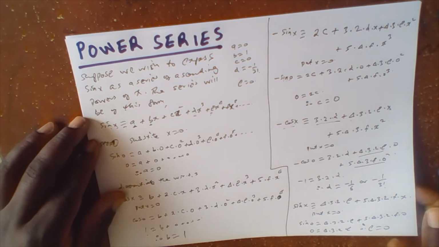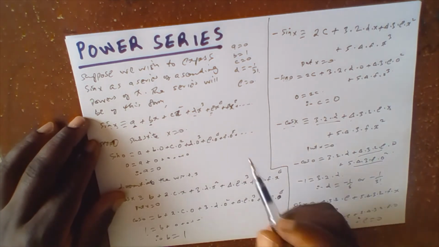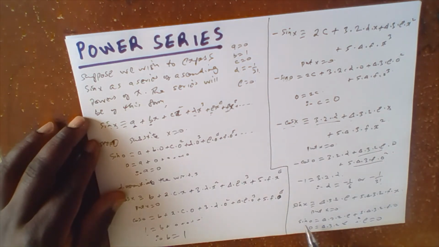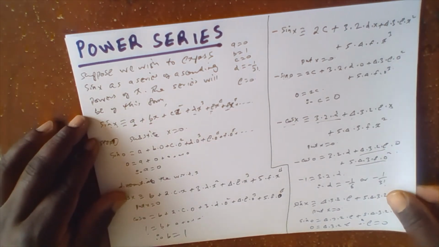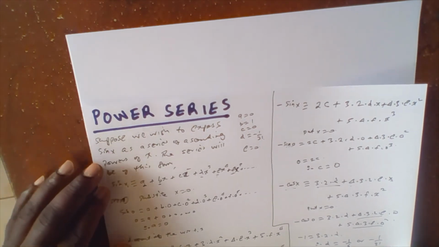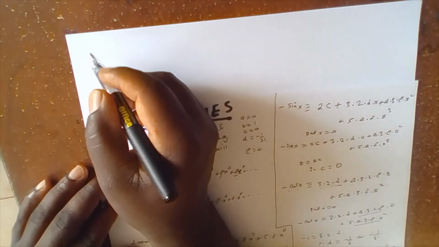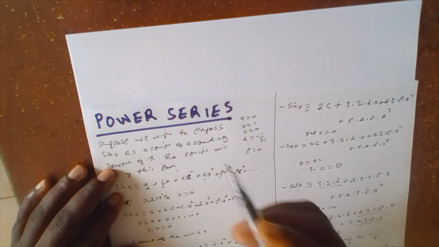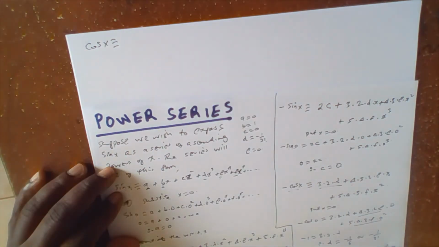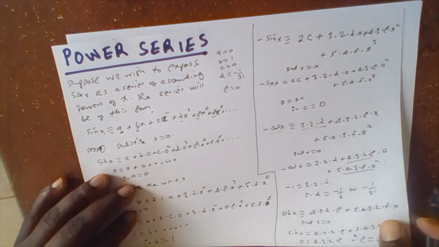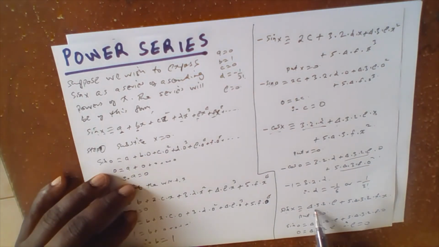Now, for us to get the value of f, we differentiate sin x again. When you differentiate sin x, we get cos x, and then this is a constant, so when you differentiate a constant, you get 0, so we remain with this.